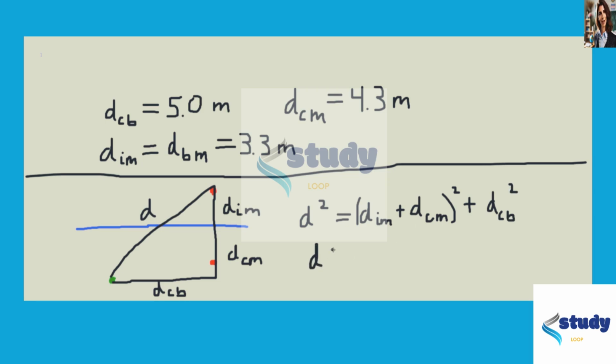Taking the square root of both sides of the equation and plugging in the values into that expression, we find that the distance D is equal to 9.1 meters. And we can box that in as the solution to our question.